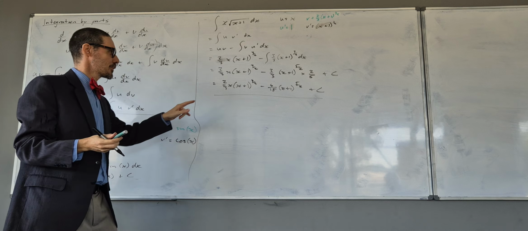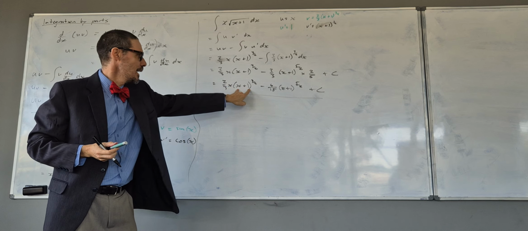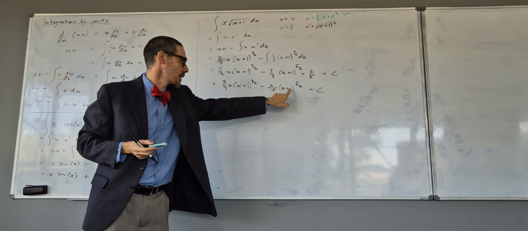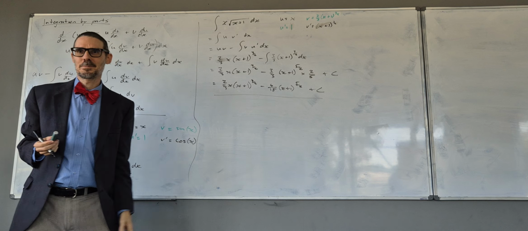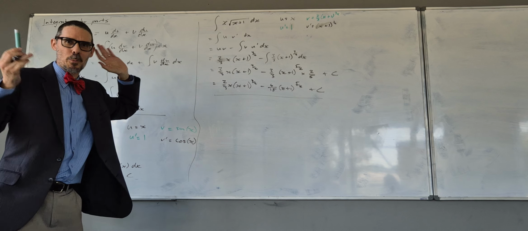And if you had to, you could factorise some of this out. You factorise out 2/3 and x plus 1 to the 3 on 2. And this term you would just end up with x plus 1 left. You could if you had to. If all I'm doing is integrating, just stop, that's fine, I'm done.